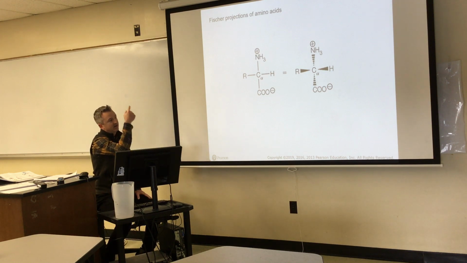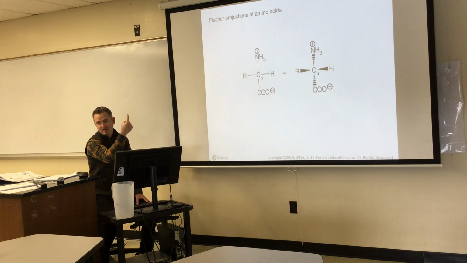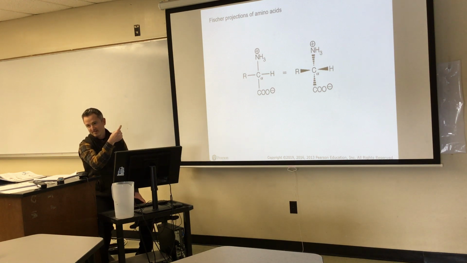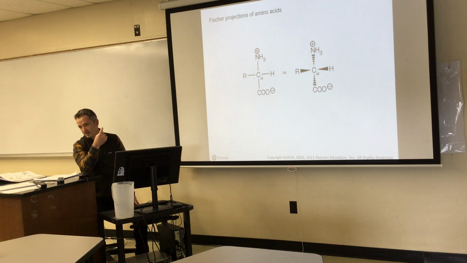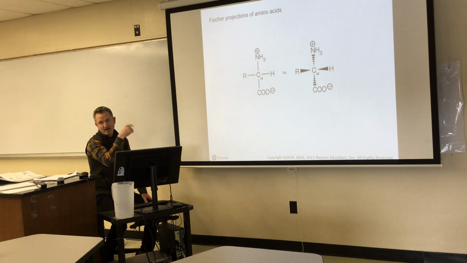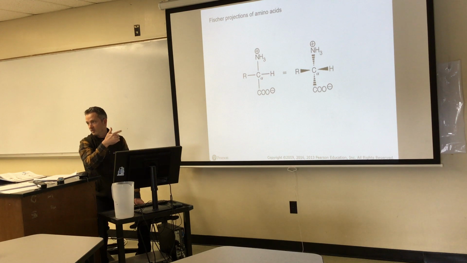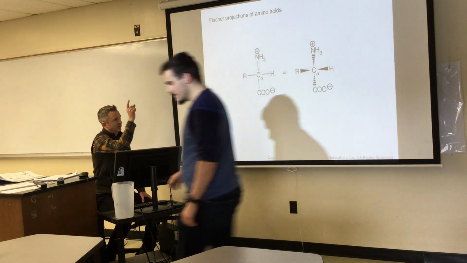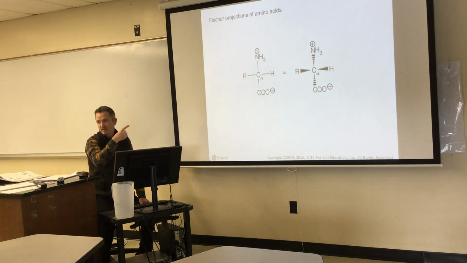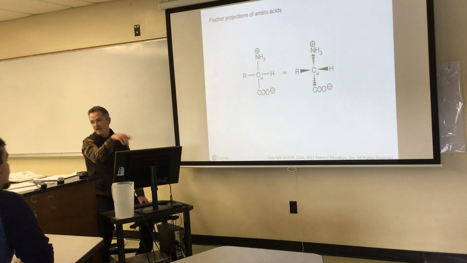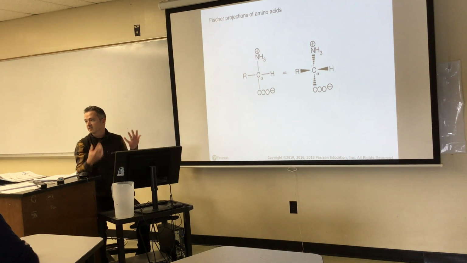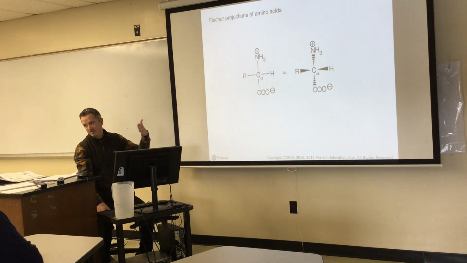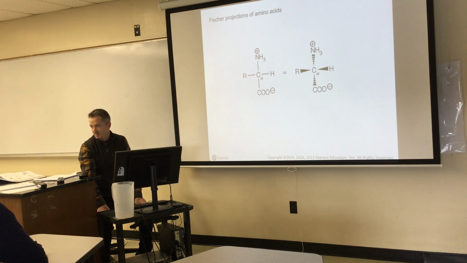If hydrogen's in front of the board, then you name it the opposite, which would be S. If hydrogen's in back of the board, then you keep the same orientation. So, if it's clockwise and hydrogen's in the back, then it's R. If it's counterclockwise and hydrogen's in the back, then it's S. Anytime hydrogen's in the front, you will always name it the opposite. Okay? Did you sign up? Yeah. All right.